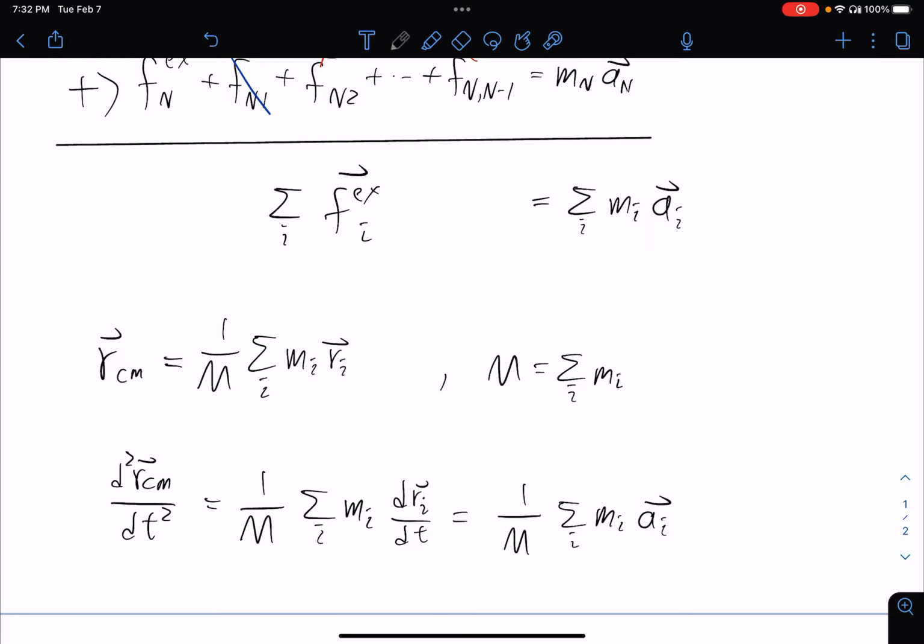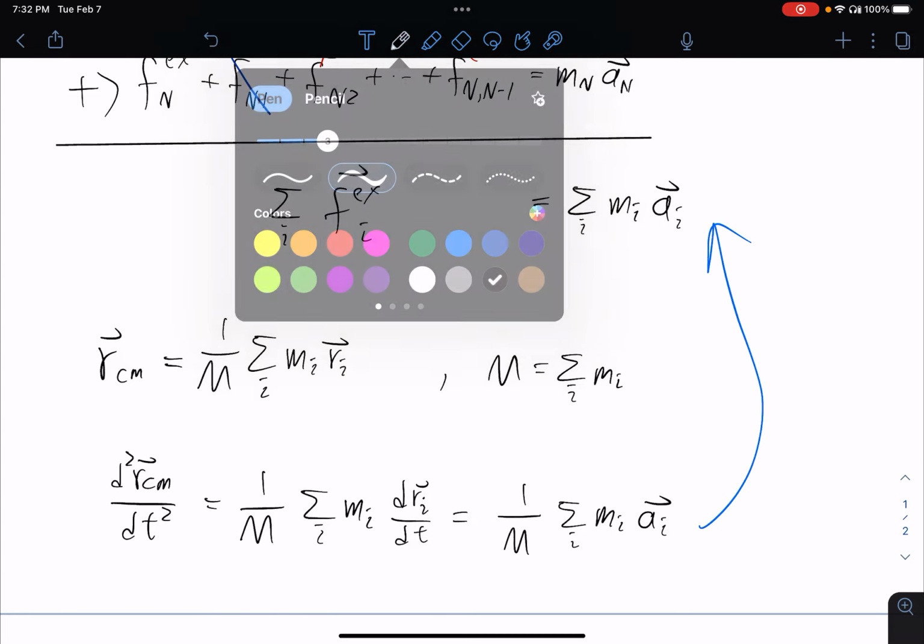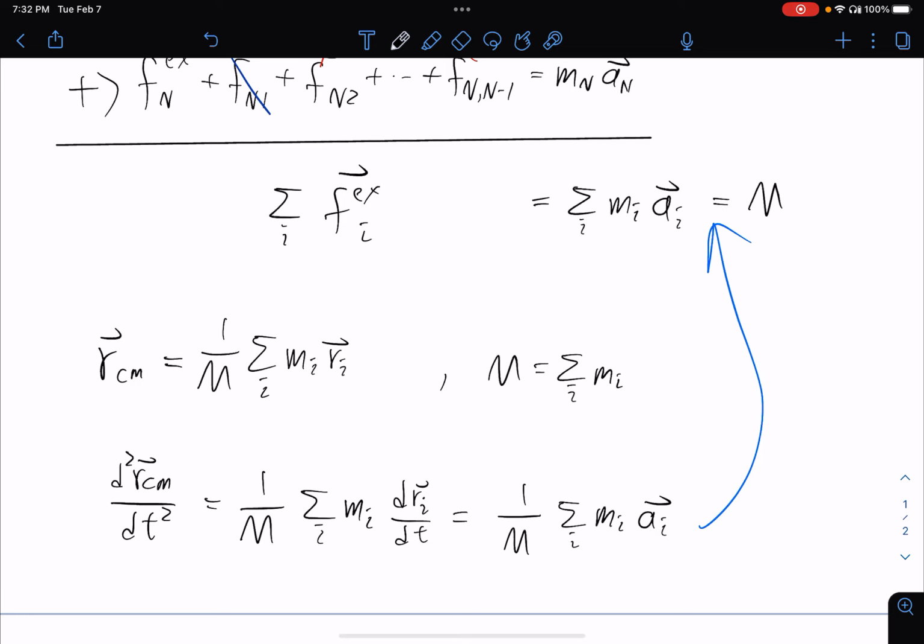So we can replace the right-hand side of this equation with mass times the center of mass acceleration, because then this M here will cancel the 1 over M in front, where the center of mass acceleration is defined as the second time derivative of the center of mass position.